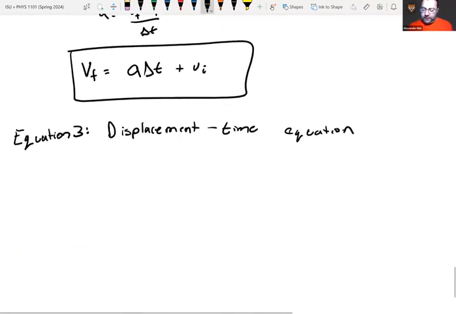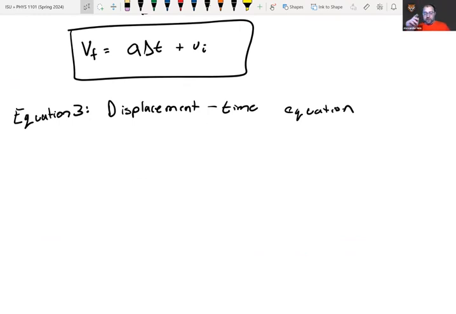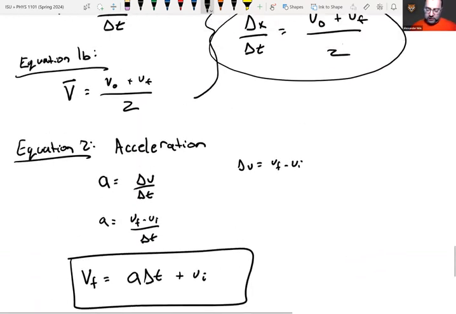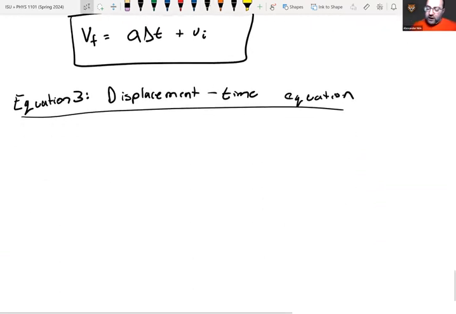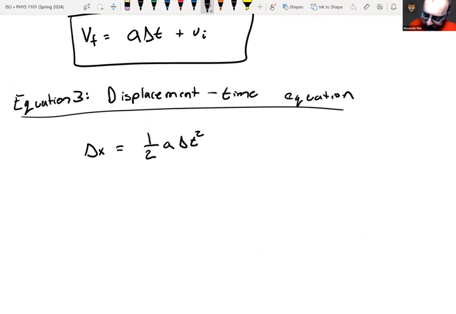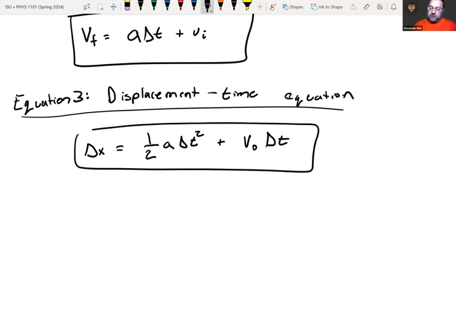I may do that at some point in the future, but that's more of a derivation. You just need to know the equation: delta x equals 1/2 a delta t squared plus v naught delta t. That is your displacement time equation.